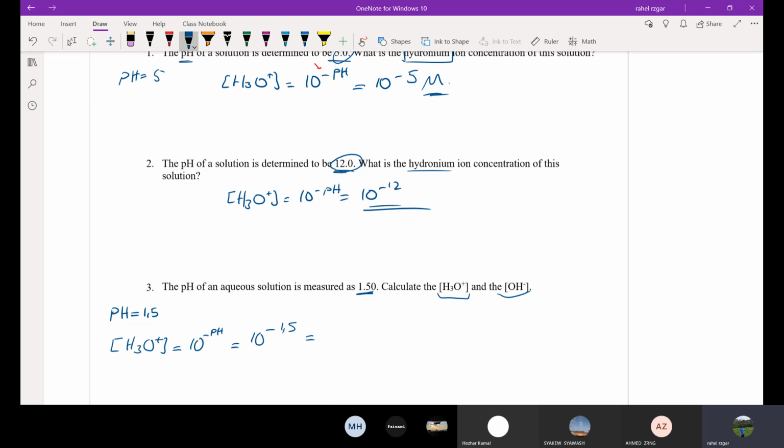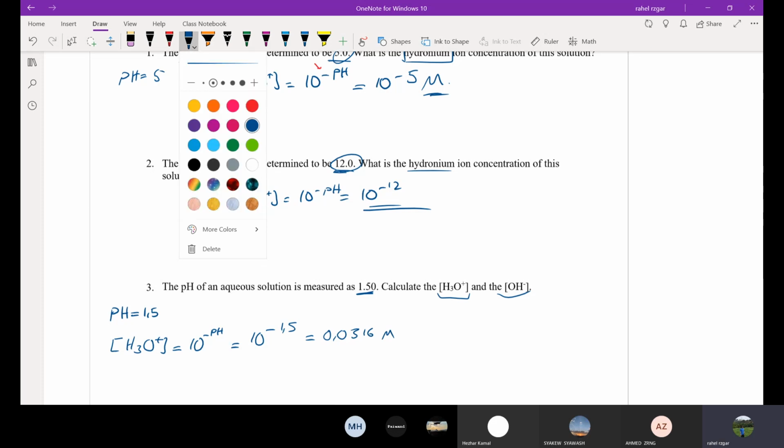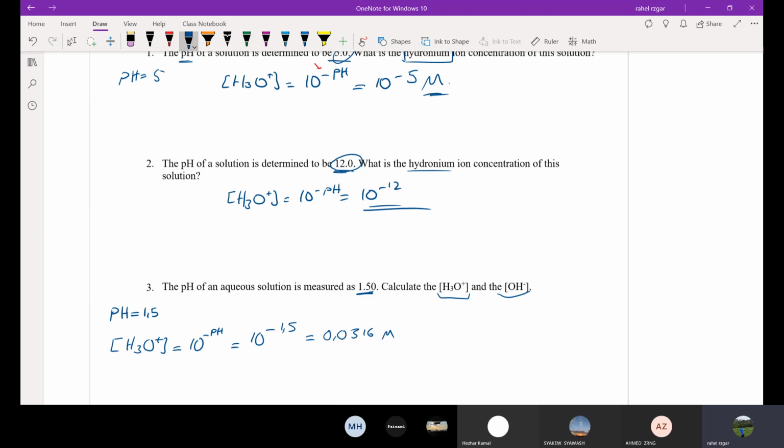Just write the same thing inside your calculator, and that's it. Just put it in the calculator: 10 to the power of negative 1.5. And the answer is 0.0316 molar. If you want to convert it to scientific notation, move the decimal two places.